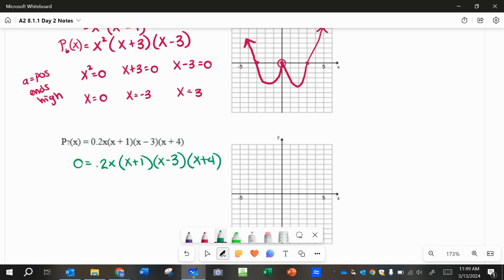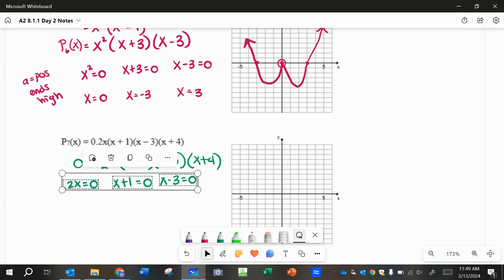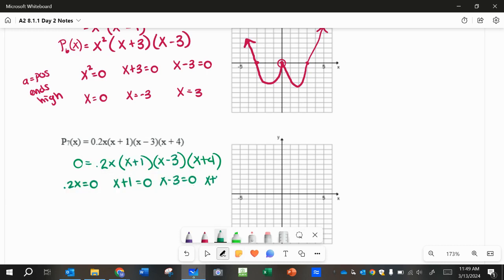So I first need to find my x-intercepts. And I'm running out of room, so I'm going to move over. So if I divide by 0.2, I get 0.